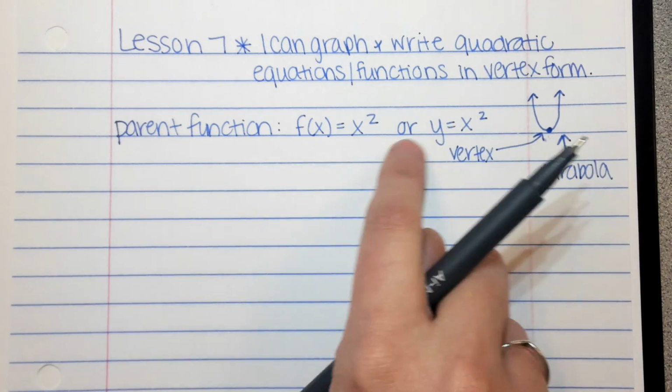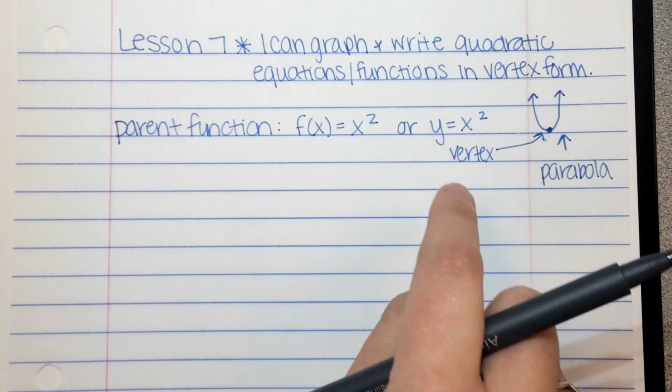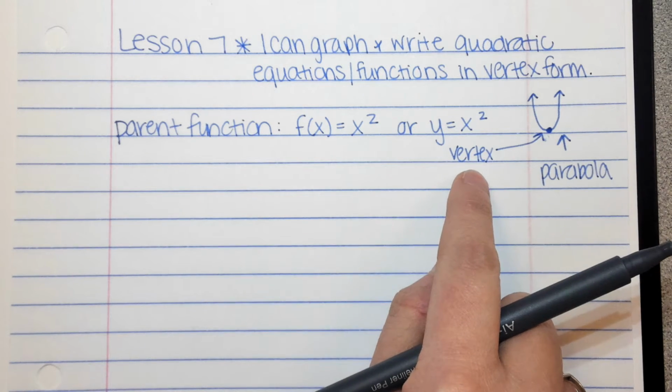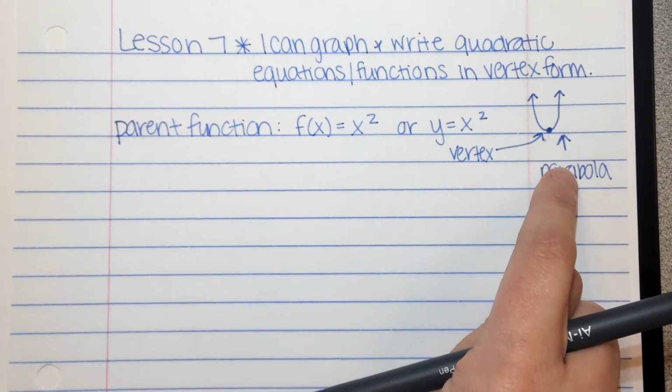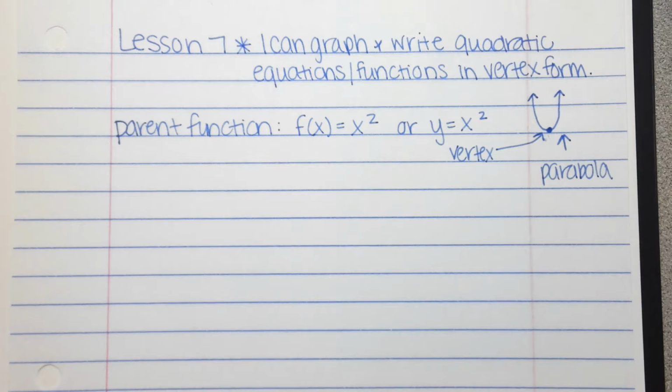The vertex form of the quadratic equation or function lets you see the vertex really easily, and it helps you to graph. It's very, very helpful for graphing. And if you know the vertex form of a quadratic equation or function, you can apply the same rules to lots of other types of functions like linear, cubic, quartic, absolute value, all kinds of different ones.